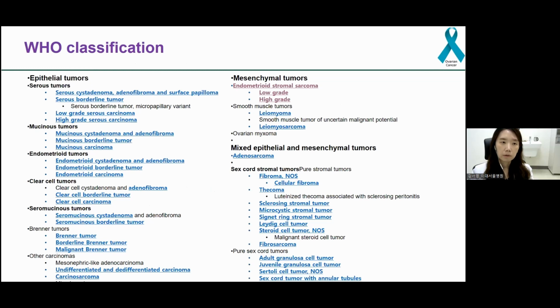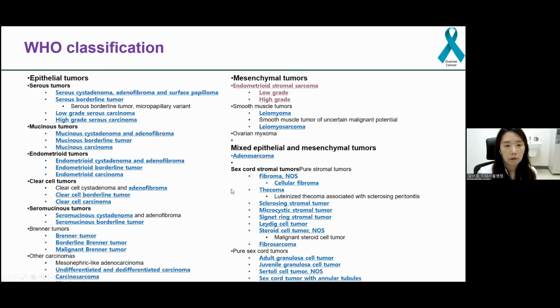So here is the histologic classification of ovarian cancers. In the previous slide, I told you ovarian cancer is not a single cancer. It can be subdivided into several different histological types depending on their cell origins.